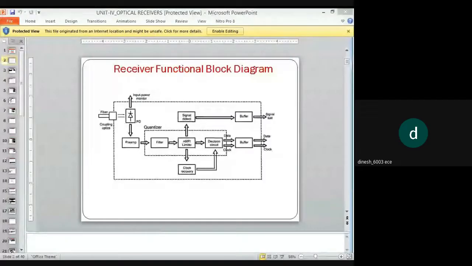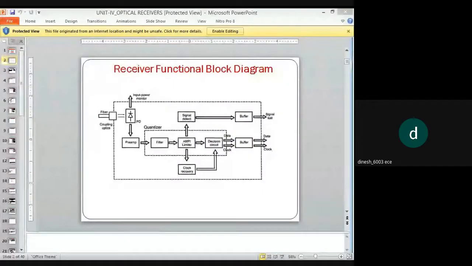Now, there is this PD, which is your photodiode, and the light falling on the diode is being monitored by an input power monitor.